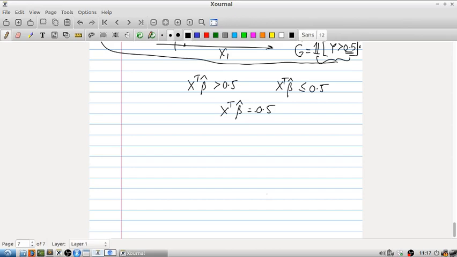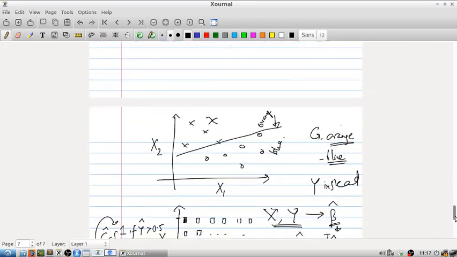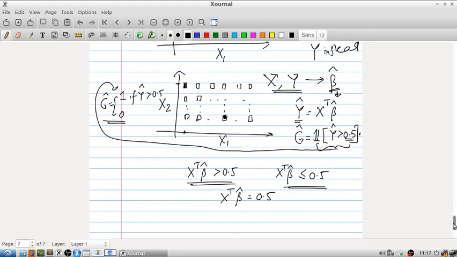Intuitively you can see, if I color orange on one side, I color blue on the other side. Did I say anything about orange being 0 or orange being 1? Let's fix orange being 0.